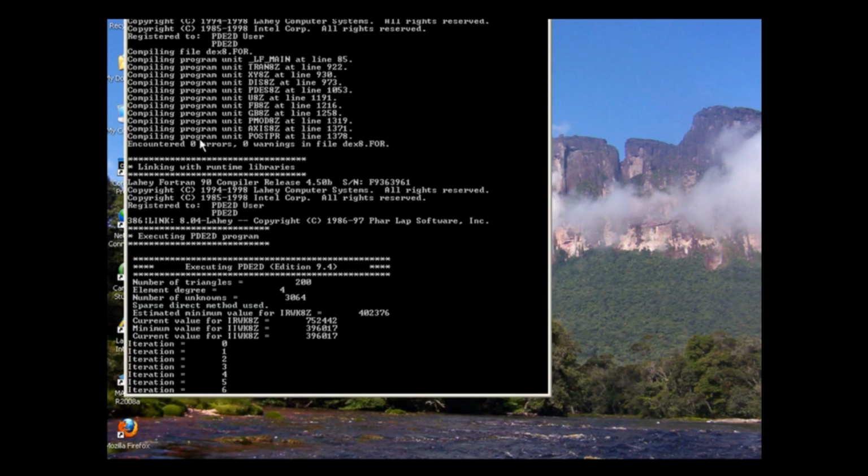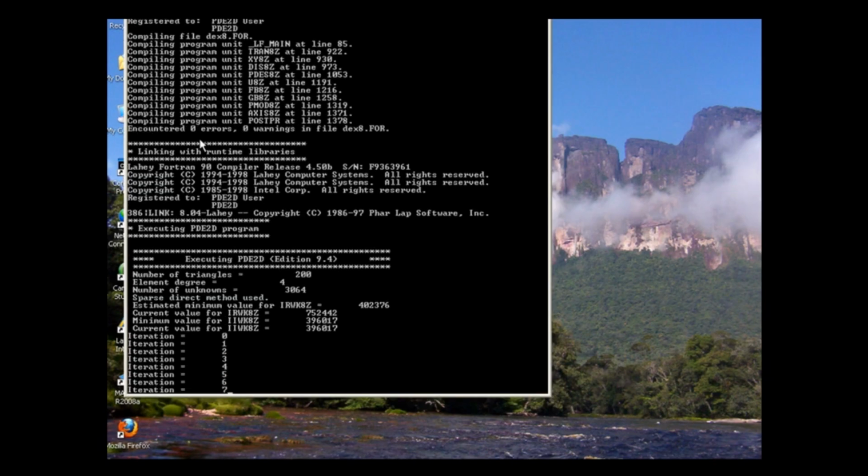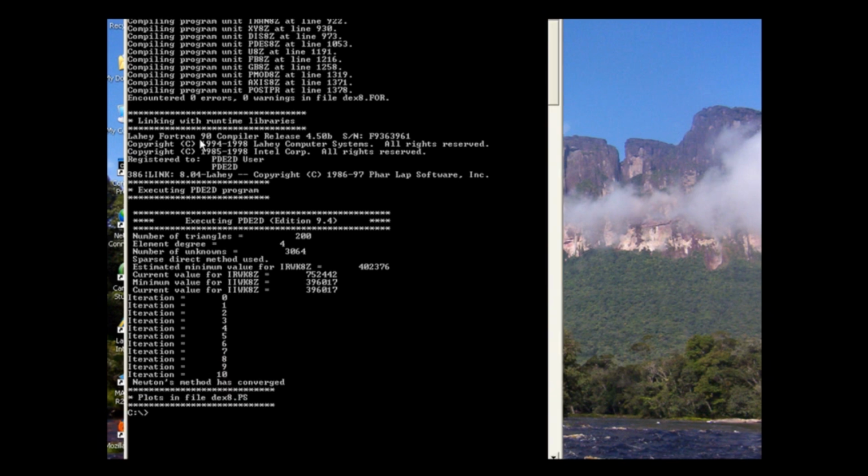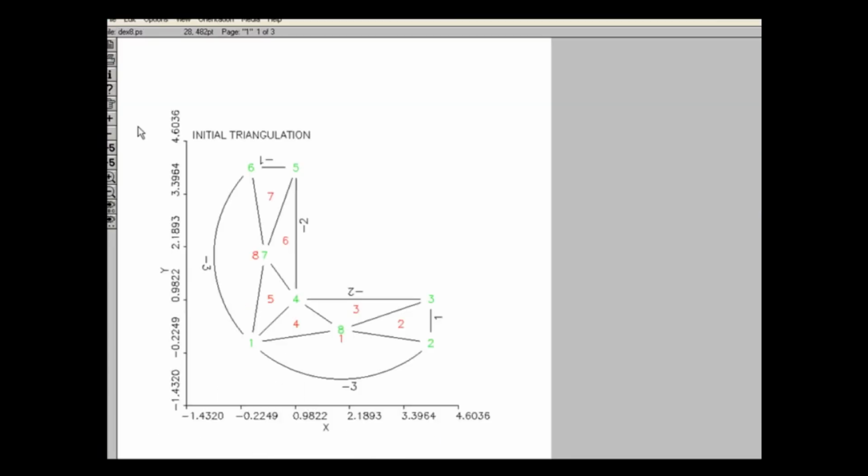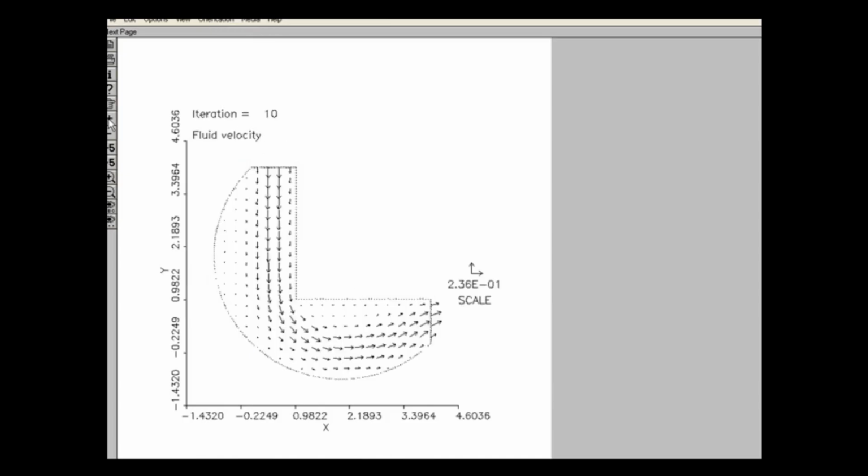It converges in 10 iterations. And we can look at the PD2D generated graphics using Ghost View again. Here is the initial triangulation. Here's the final triangulation. And here's the fluid velocity field.